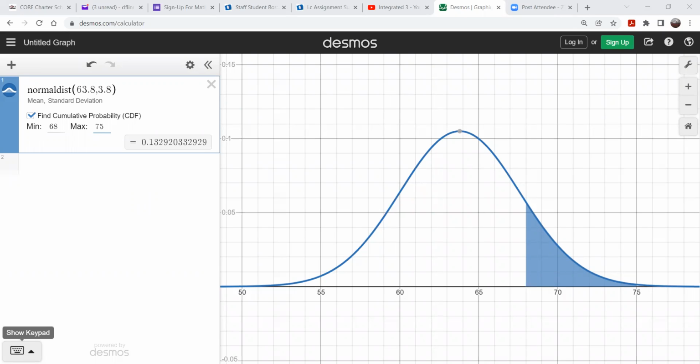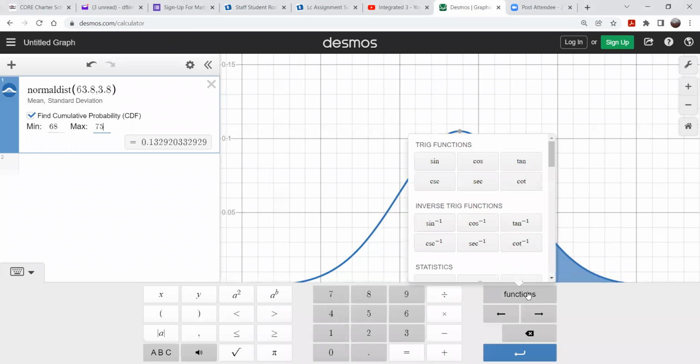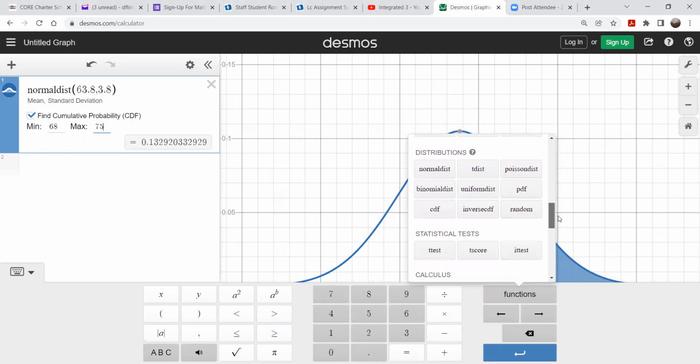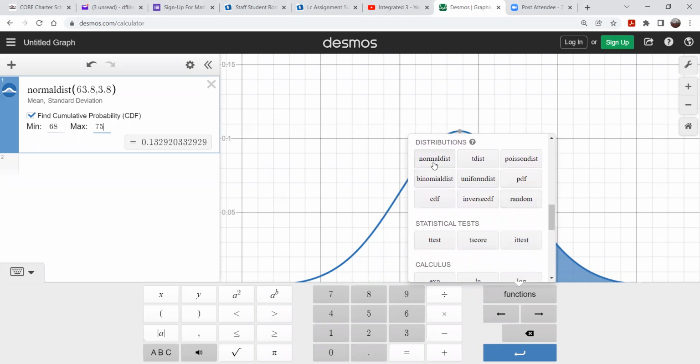The way I got that is I went over to functions and down to distributions and hit normal distribution, and it asked me, see how it says mean, comma, standard deviation. It had a blank spot for the mean and the standard deviation. Those are the numbers they gave us in the book.